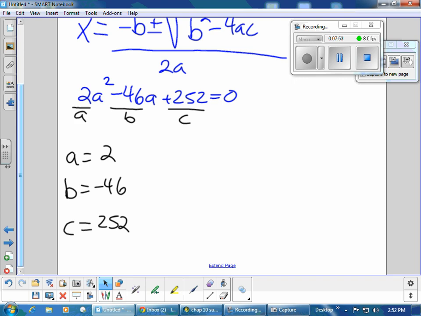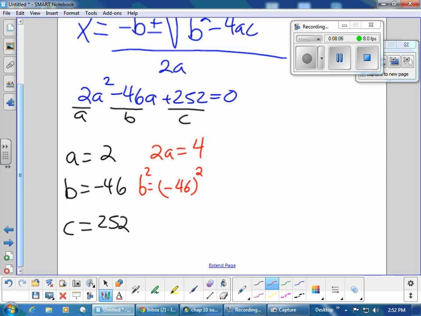Okay, so what is 2a? Well, 2a is just 4, 2 times 2 is 4. What is b squared? Well, that's negative 46 squared. And negative b is going to be 46. b squared is going to be negative 46 squared.